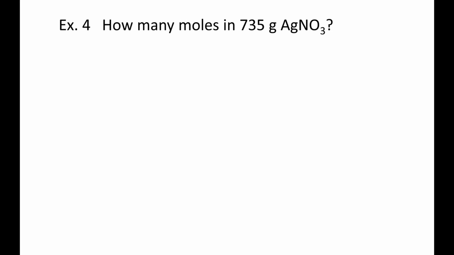Okay, let's try the last one. This time we have 735 grams of AgNO3. So we have to find out what 1 mole of AgNO3 is. When you add up an Ag plus an N plus 3 O's, you get 169.88 grams.